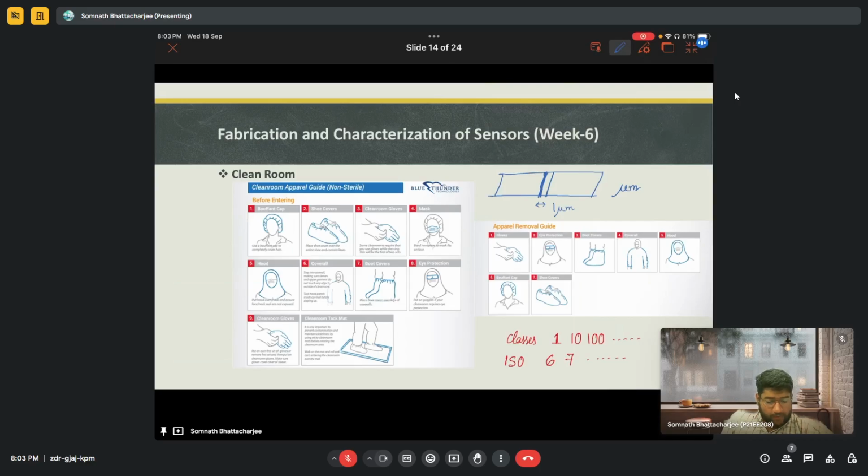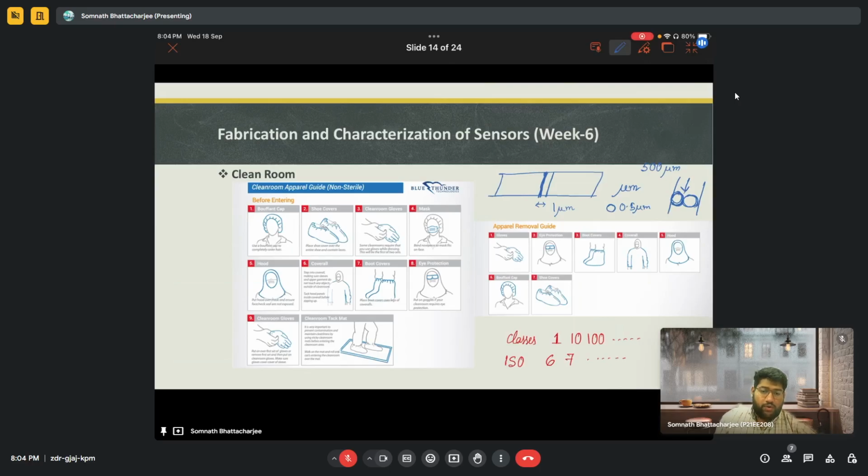Now, if there are particles even of 0.5 micrometer, very minuscule particles, and if two particles are just back to back, they will block your total passageway. Yes, obviously it's a rare occurrence, but still it may block. So let's say if there are particles of 500 micron, what will happen with your sensor? Your sensor won't work at all, right?